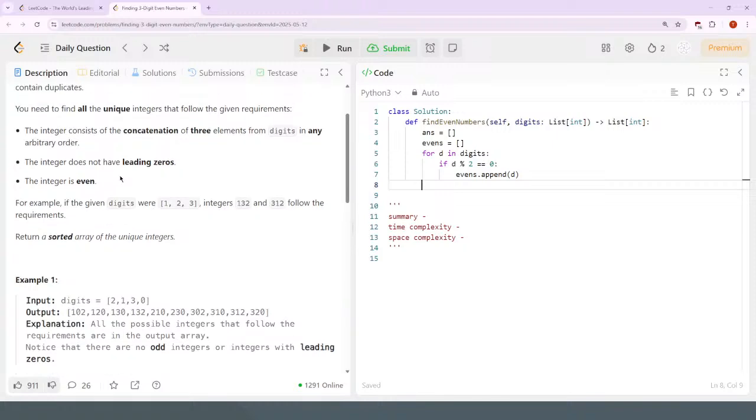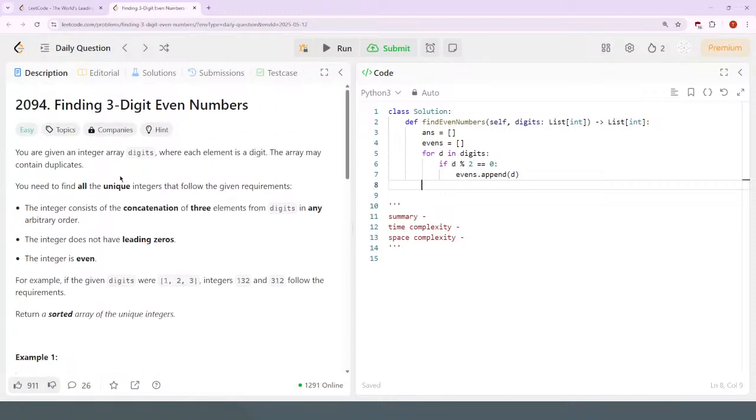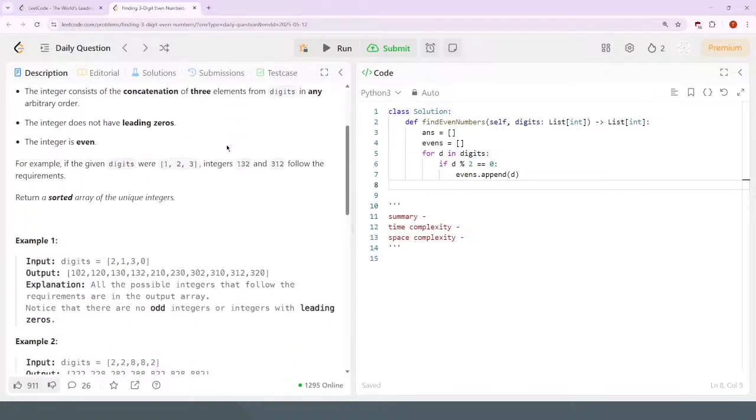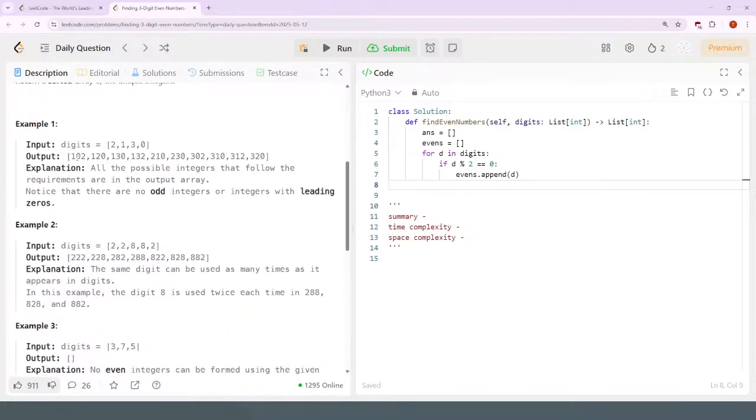And you don't want duplicates, right? No, the array may contain duplicates. So for instance, you could have multiple 2s. What does it mean?